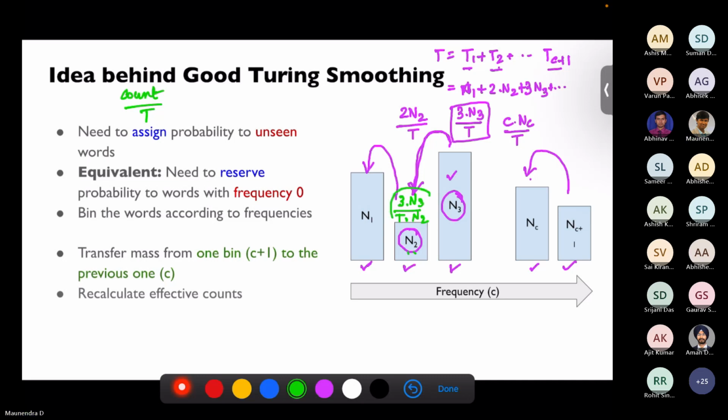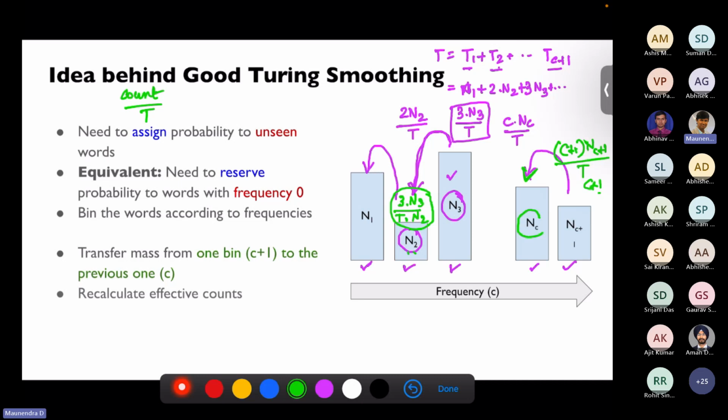Here we had n(C plus 1) words, and each one is appearing C plus 1 times. So this many is the total token count out of the total T. Now this entire mass will come here, and it will be distributed equally among the nC words.